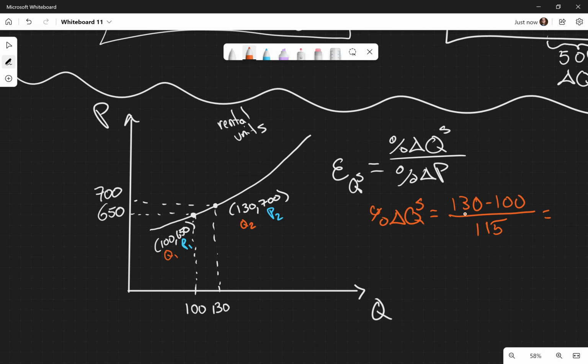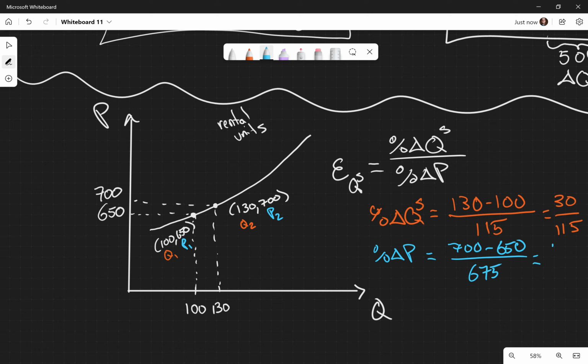So this ends up being 30 divided by 115. My percentage change in my price is going to equal my P2 minus P1, so 700 minus 650 divided by the midpoint between 700 and 650, which is 675.